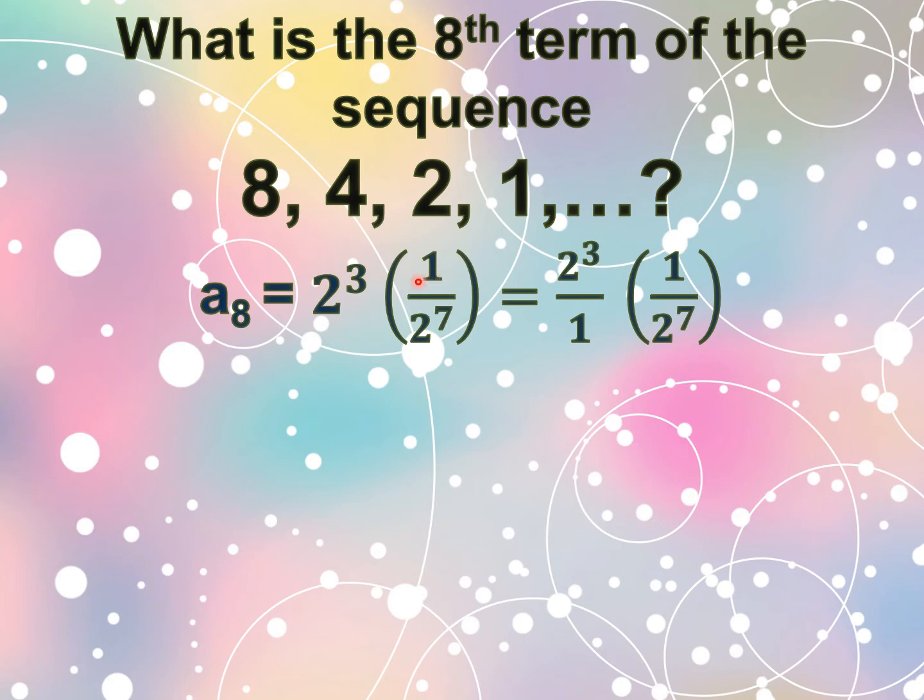And then, since this is a whole number, gawin natin siyang fraction. Lagyan natin siya ng denominator na 1 kasi automatic pag whole number, ang denominator niya ay 1. And then multiply numerator to numerator and denominator to denominator. So 2 raised to 3 times 1 is 2 raised to 3. And then 1 times 2 raised to 7 is 2 raised to 7.